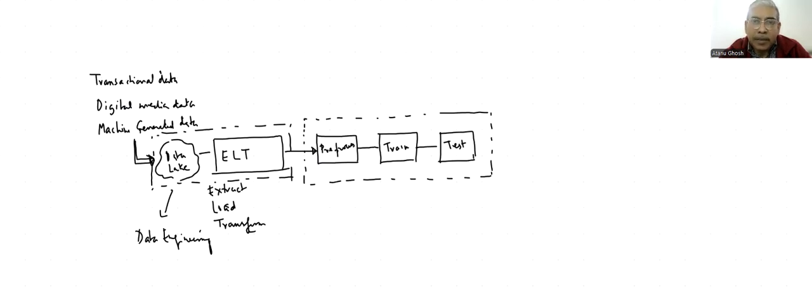Typically, it maintains the ACID properties, which is a hallmark of any relational database management system. ACID stands for atomicity, A for atomicity, C for consistency, I for isolation, and D for durability. This ensures that the data that is stored when a transaction is carried out is atomic, consistent, and has the properties of isolation and durability.